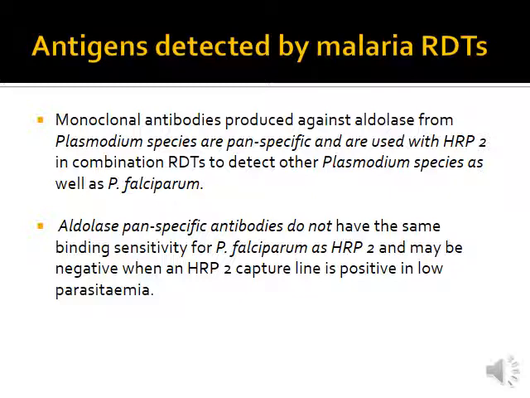Aldolase pan-specific antibodies do not have the same binding sensitivity for Plasmodium falciparum as histidine-rich protein 2 and may be negative when an HRP2 capture line is positive in low parasitemia. So this is the drawback, that it can give a false negative result for Plasmodium falciparum.